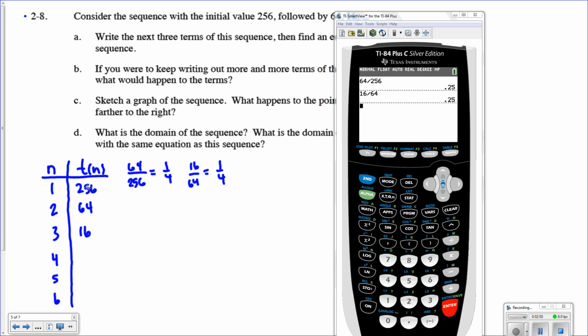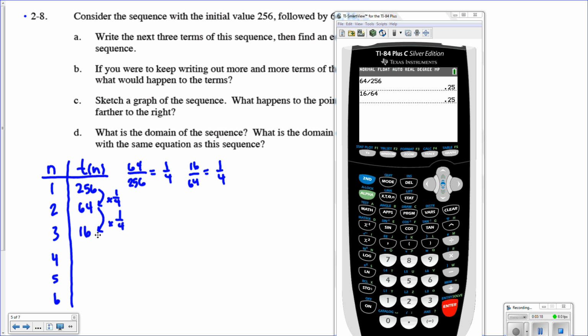If I divide each number by the number before it, I should get 1/4. So we could also think of that as saying 256 divided by 4 gives us 64, and 64 divided by 4 gives us 16, or times 1/4. And the reason I'm saying times 1/4 instead of dividing is because we're going to have a geometric sequence here, and we need to know what the multiplier is.